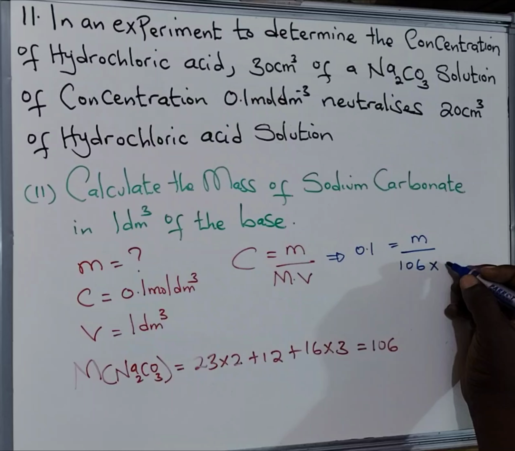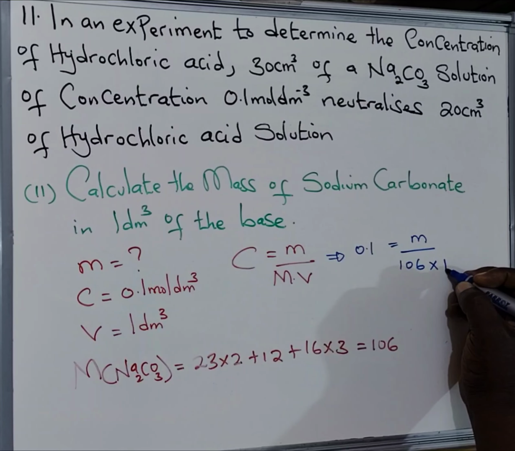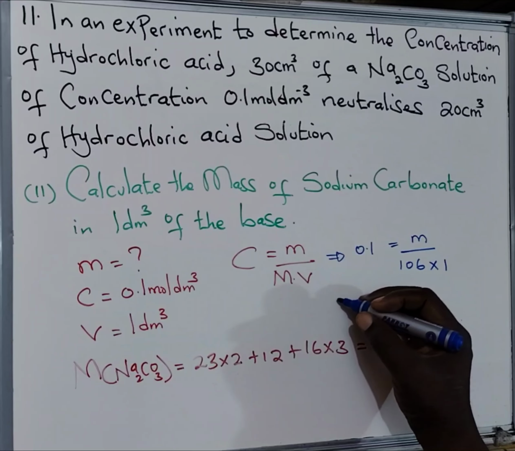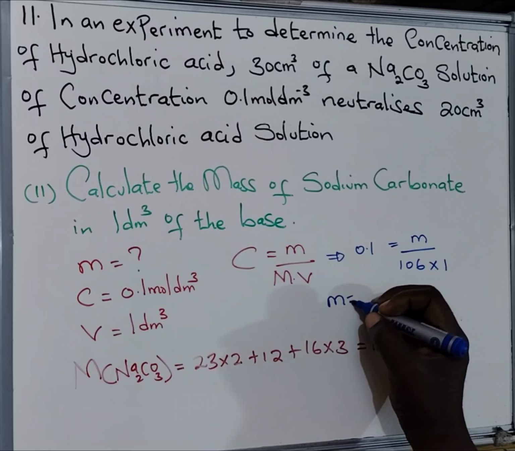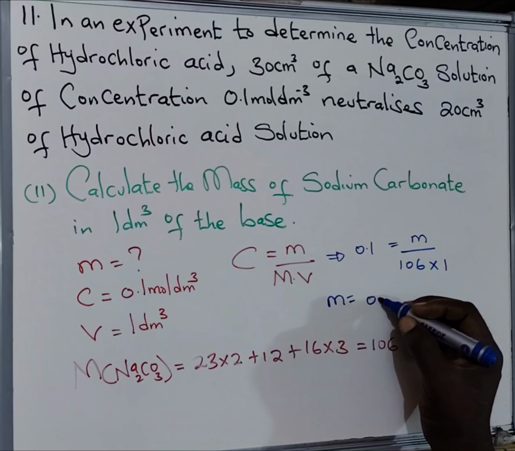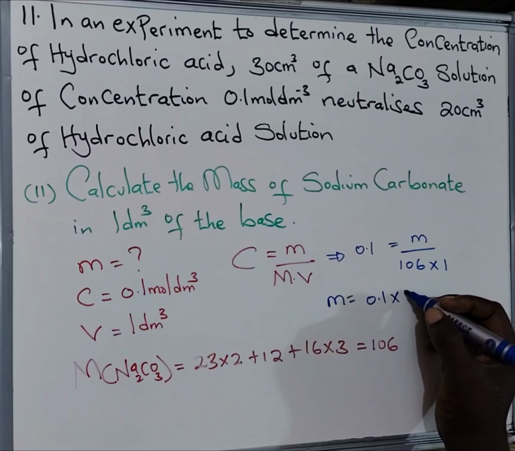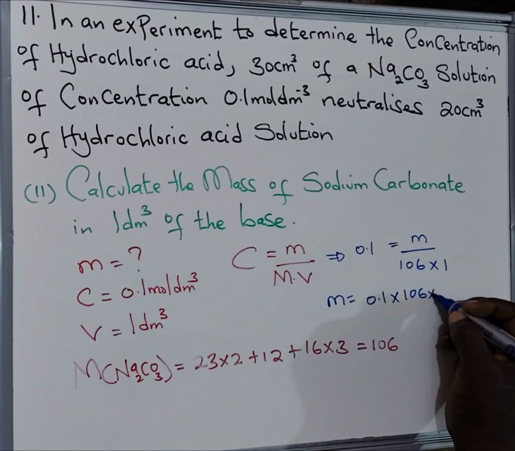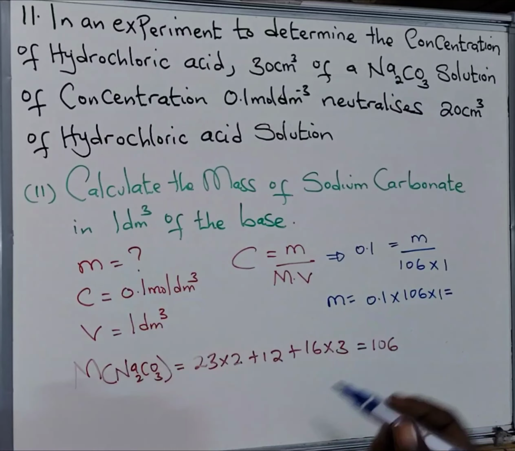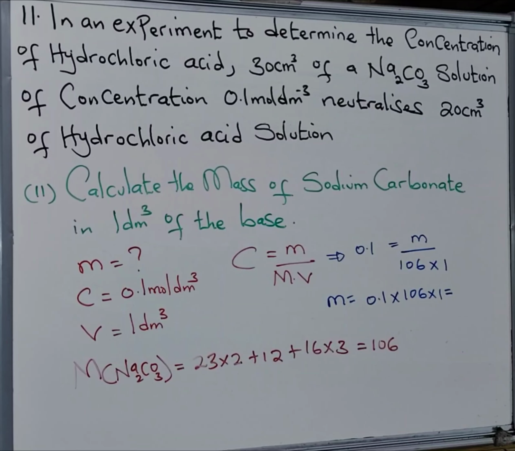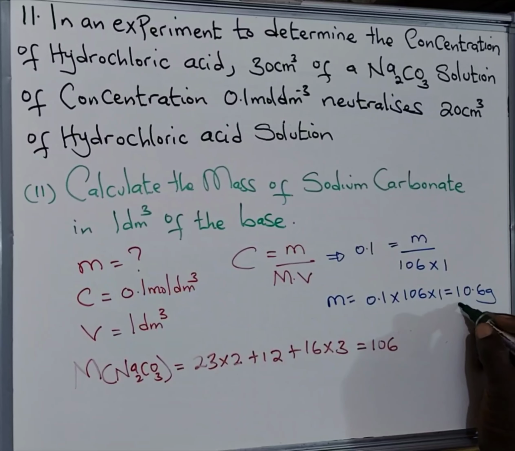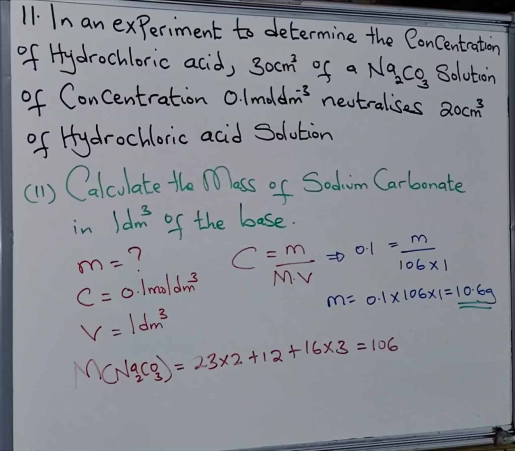And our volume is 1. So from here, after cross multiplying, mass is going to be equal to 0.1 times 106 times 1, giving you 10.6 grams.